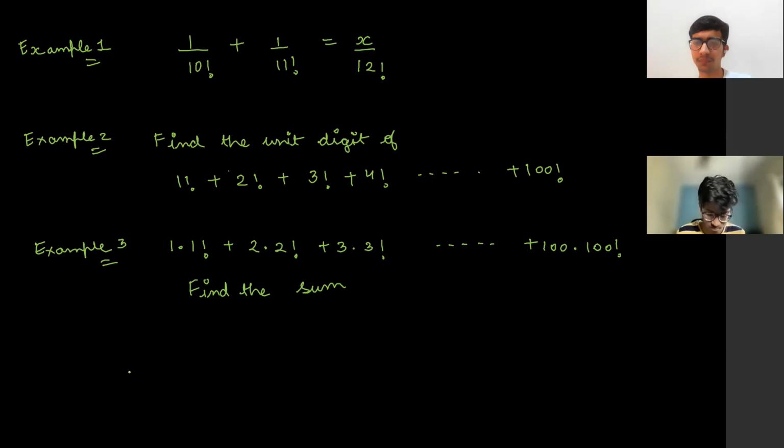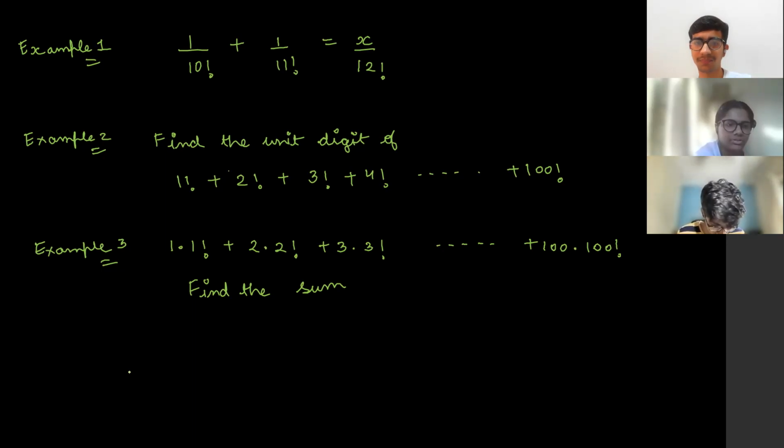So I didn't get how to do the second and third one. Yes, sir. I also didn't get that. No problem. Acha, tell me what are the unit digits after 5 factorial wale terms? Like, what is 5 factorial exactly? 5 into 4 into 3 into 2 into 1.